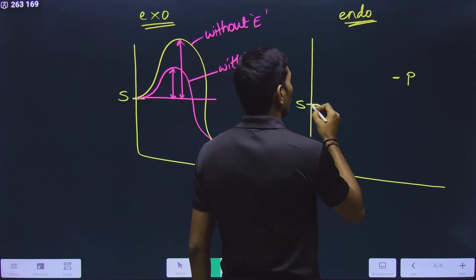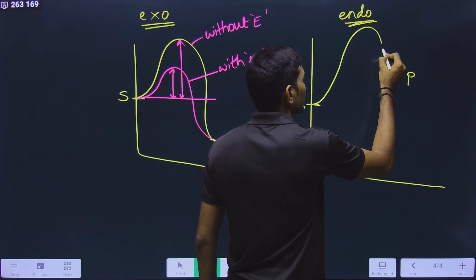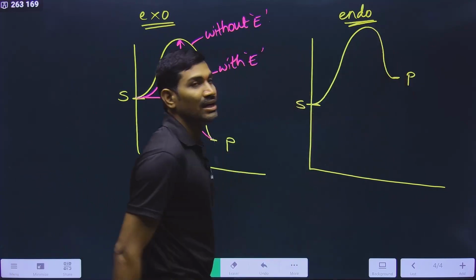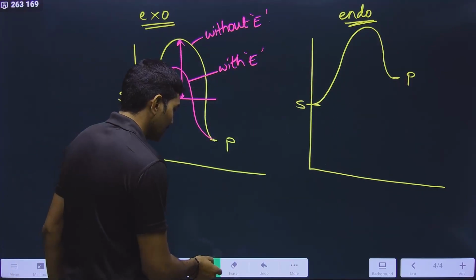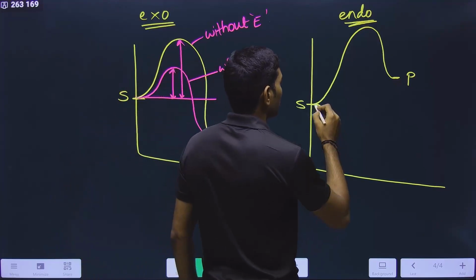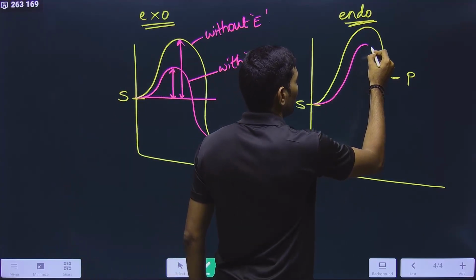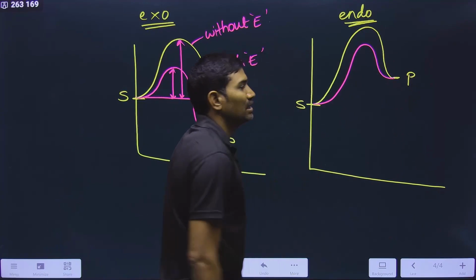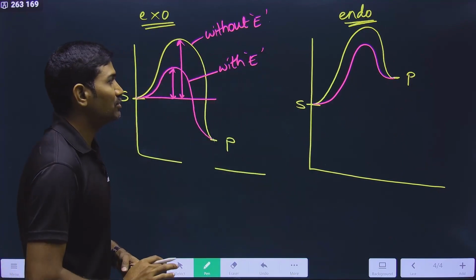And in this case also the transition state energy is higher. Observe carefully. Transition state energy is higher. And here, if enzyme is present, it will lower the activation energy. So now observe carefully.